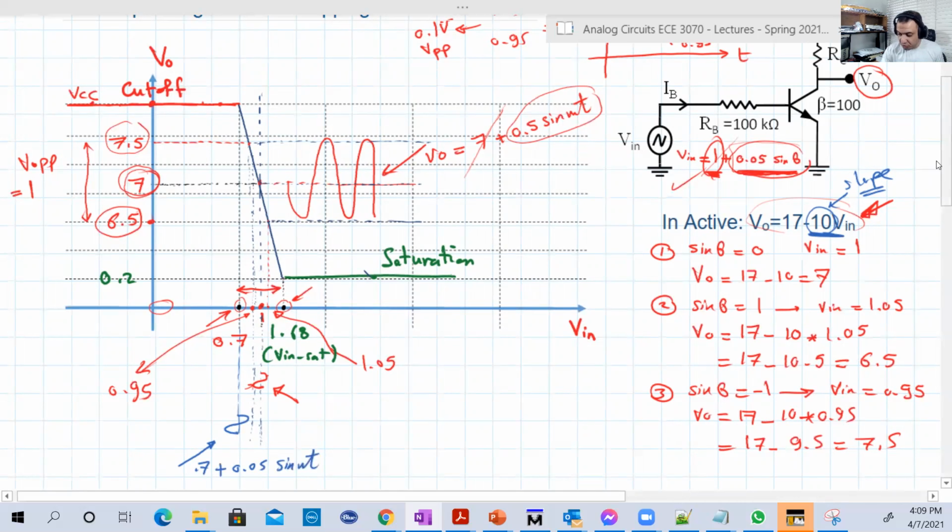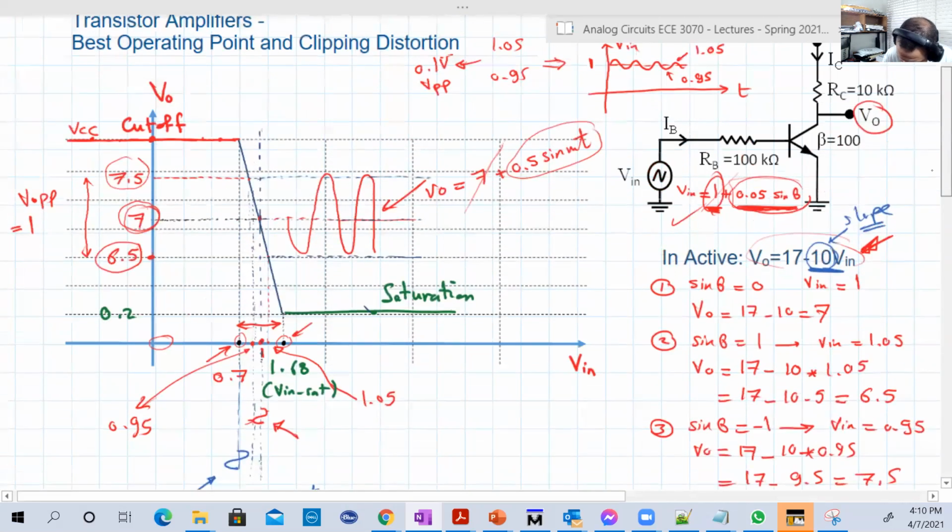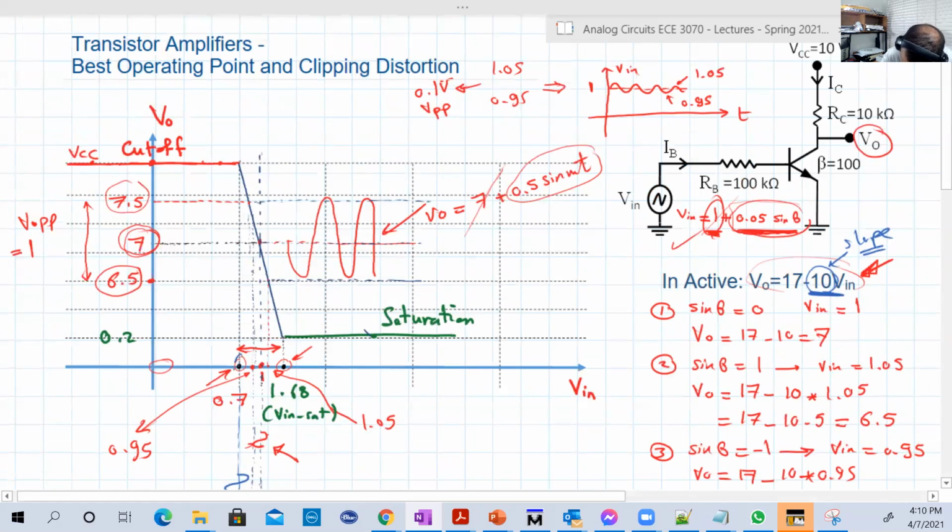We're going to do the same. What's happening at the input equal to just 0.7 when sine omega t is 0? Basically the output will be equal to VCC. How could we know that? This is really easy. At 0.7 here we have VCC, which is 10 volts.